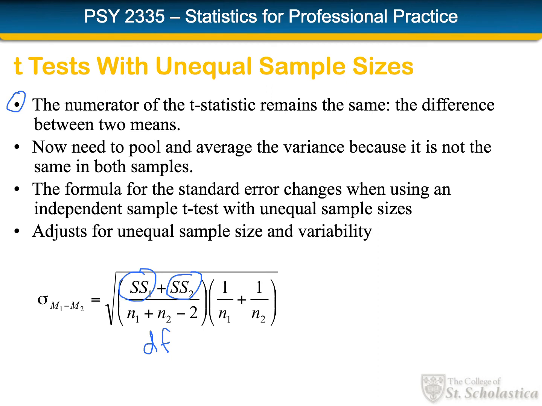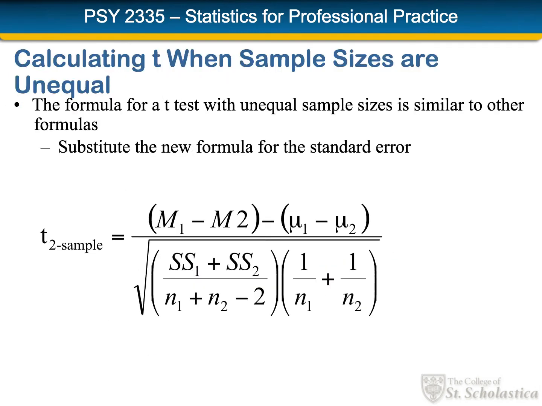So just as we've done before, where we had a standard error that had something about variability on the top and something about sample size on the bottom, and we could take the square root of it, we're doing the same thing, but we're having to take our variability separately for each of the two samples that we're dealing with.